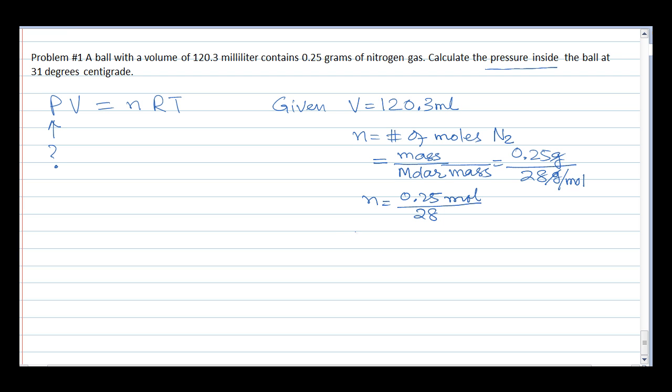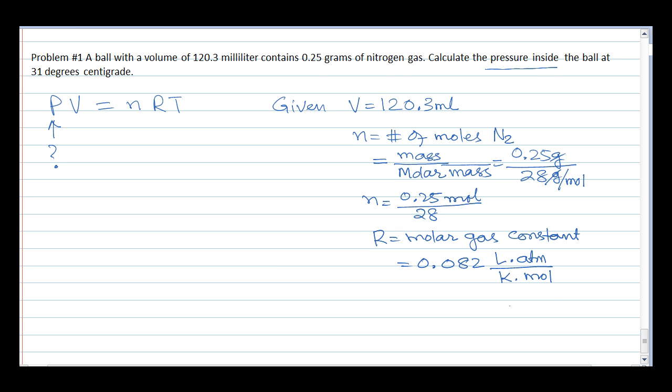R is the molar gas constant. Right? R is equal to the molar gas constant, and the one that we'll be using is equal to 0.082 liter atmosphere per Kelvin per mole, right?